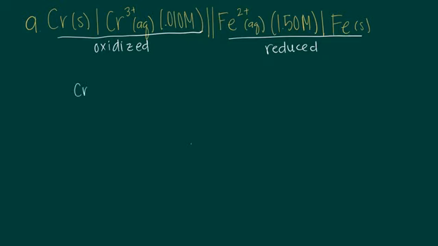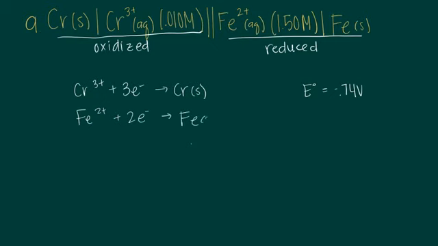So it will be Cr3+ plus 3 electrons, turning into a chromium solid with a reduction cell potential of negative 0.74 volts. And we will have iron 2+ with 2 electrons, changing into iron solid. And that reduction potential is going to be negative 0.44 volts.